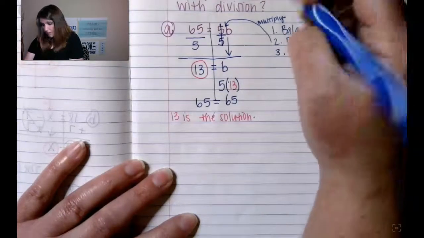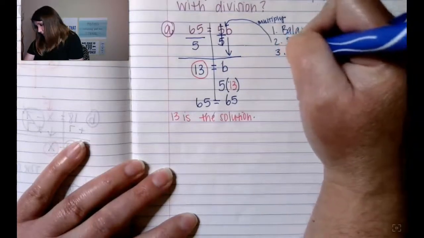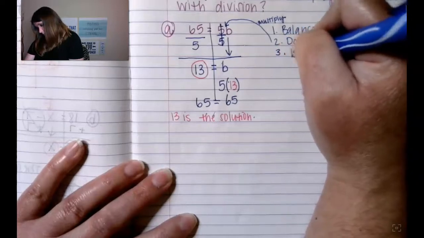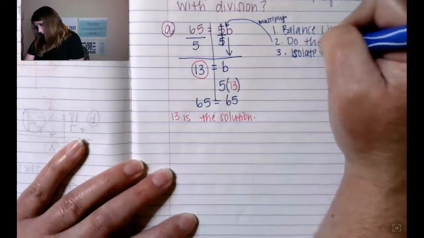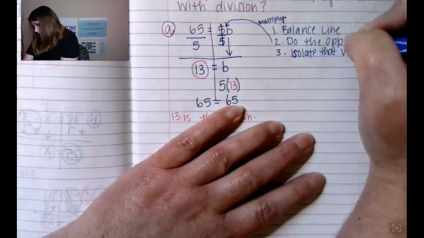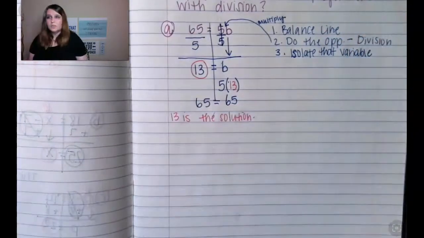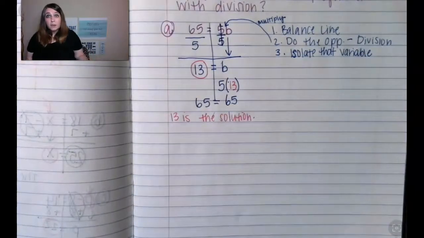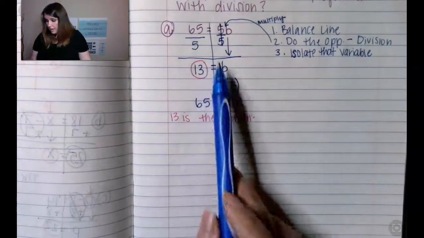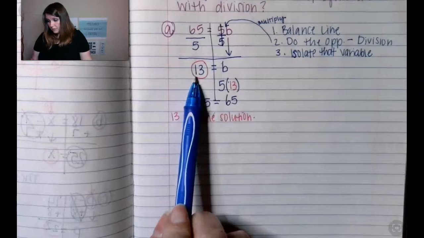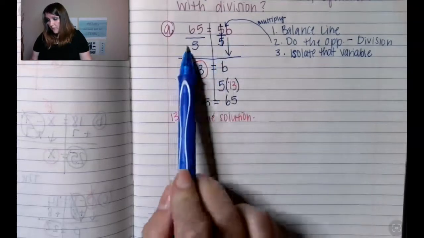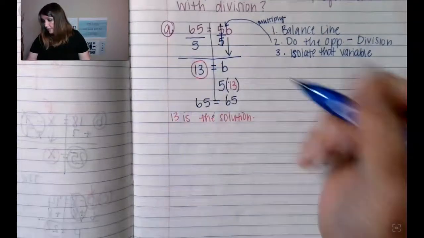Then step 3, we needed to isolate that variable. Get it all by itself so we know what it equals. Once it's by itself, we have to do the same thing to the other side.